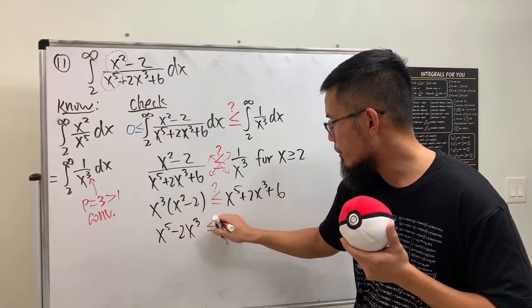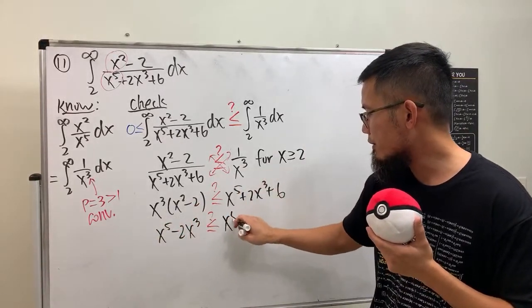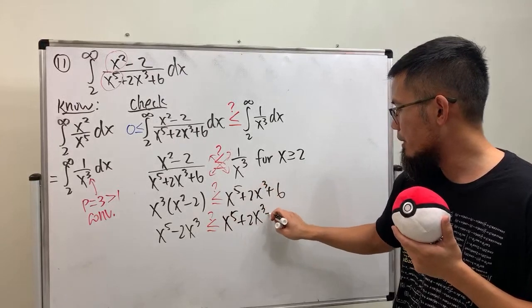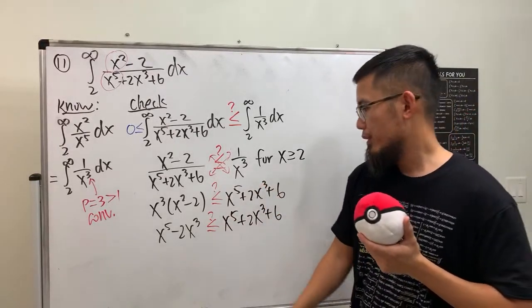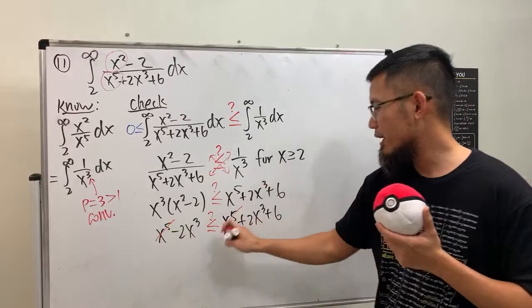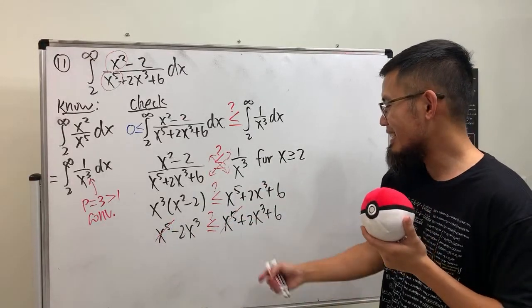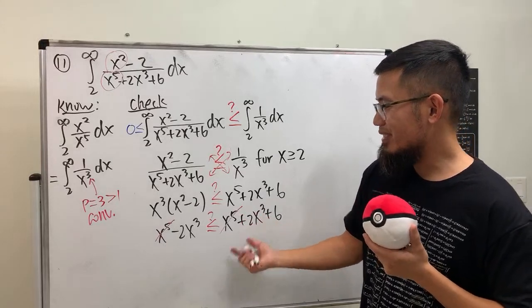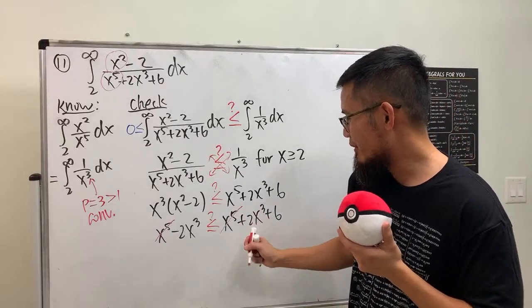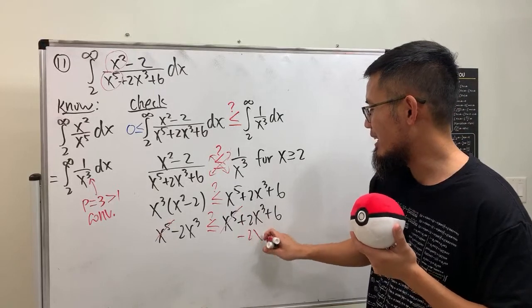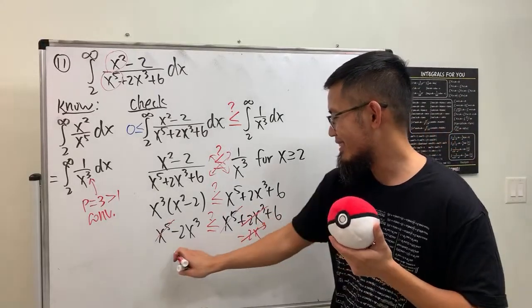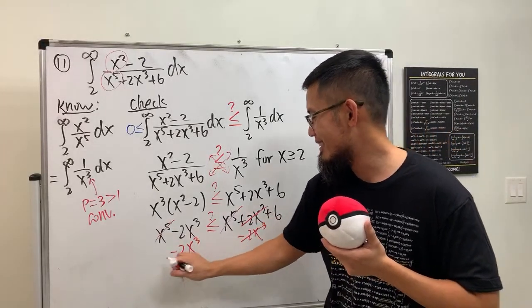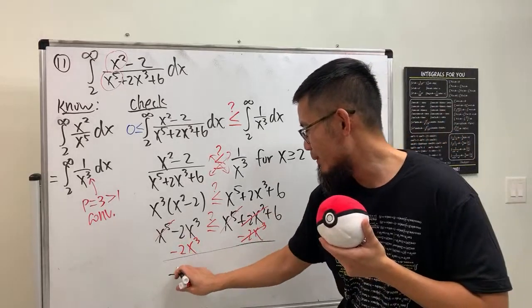Is this less than or equal to x to the 5 plus 2x cubed plus 6? Both of them have x to the 5, get rid of them. And you can see that if you really want to, you can bring this to the other side and you get negative. You don't have to do this. You really don't have to do this. Life doesn't have to be that hard, but I will do it anyway.